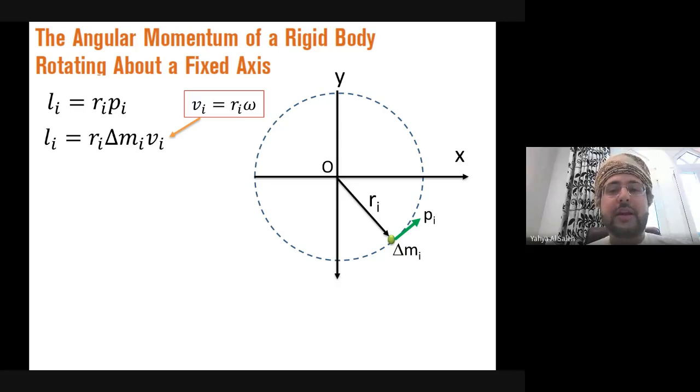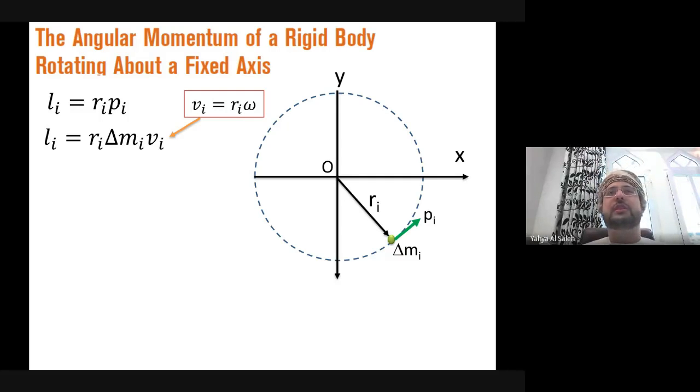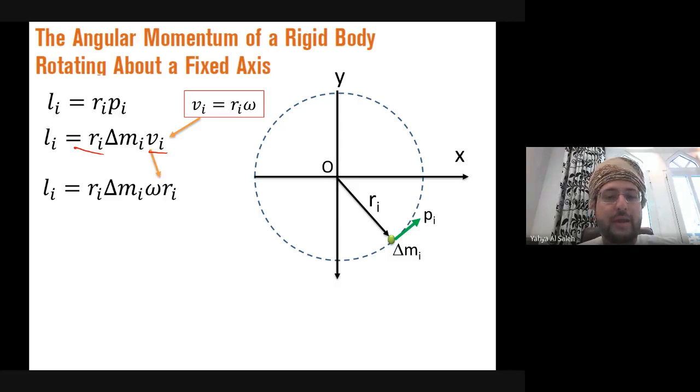So when we integrate, we want to reduce the number of variables to 1 or as close to 1 as possible. So we only do 1 integration or 2, not a whole bunch with different multivariate calculus. Since my r is changing and my v is changing for each and every bit, I'm going to change v into r omega. Why?